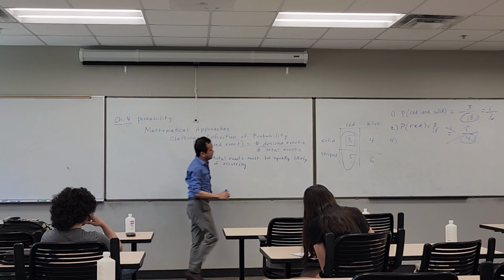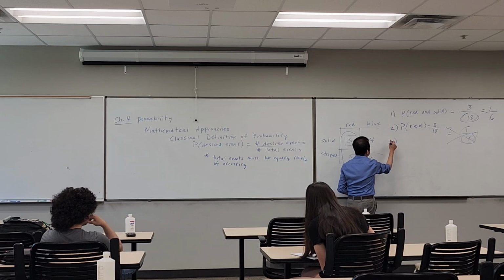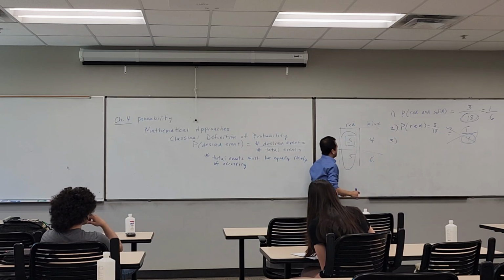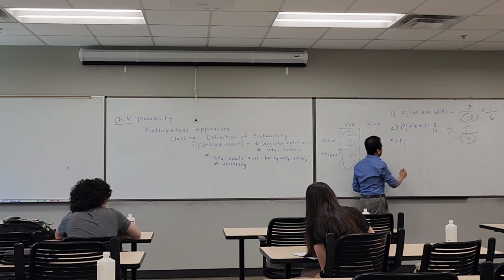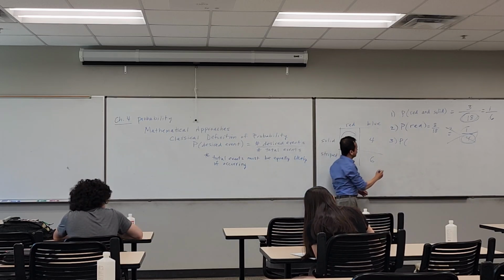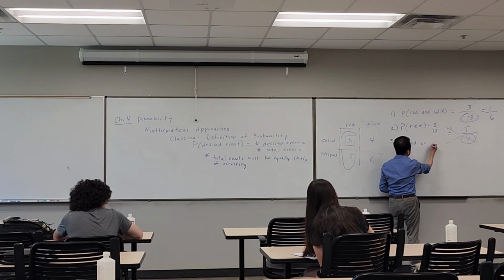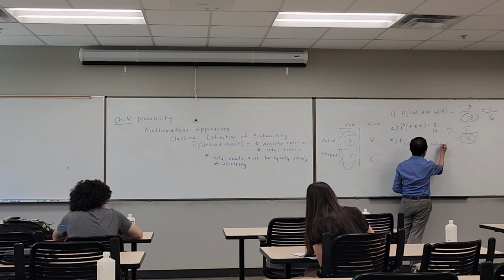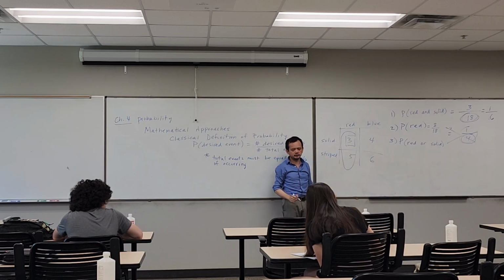Okay, so in the context of this third example, let's say that we wanted to find the probability that a marble was either red or solid. So basically we want to count up all the marbles that match that description and then divide by the total number, 18.